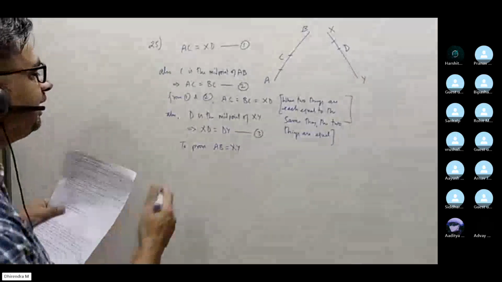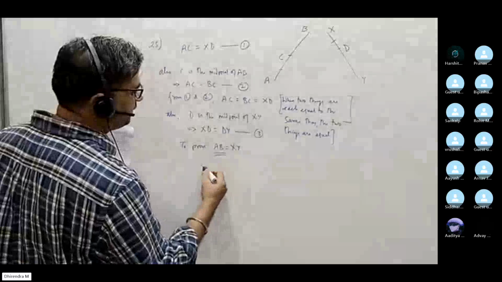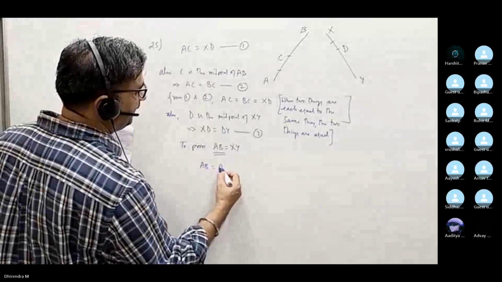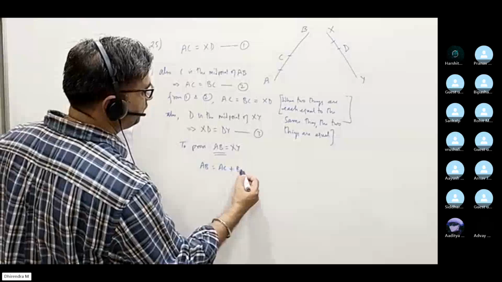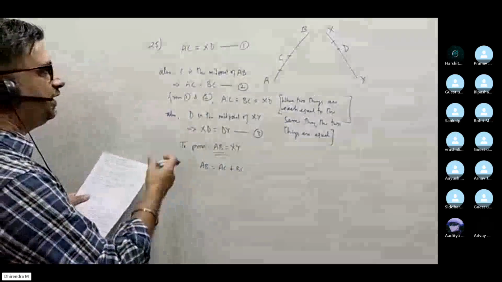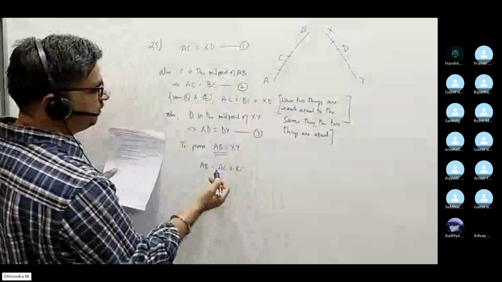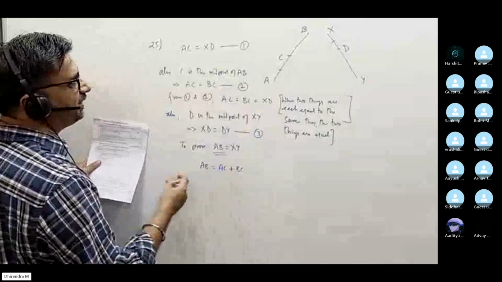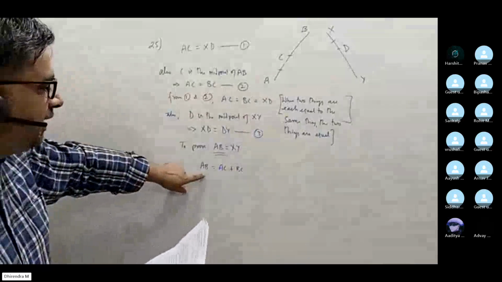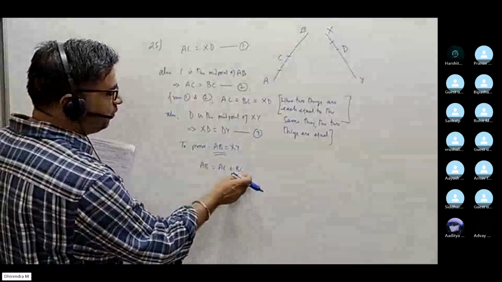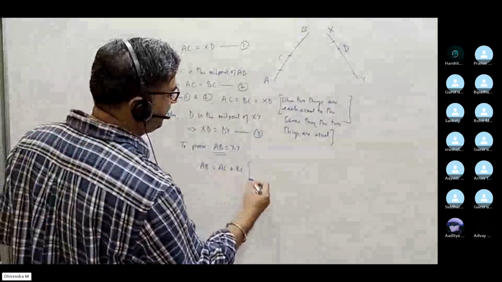So now look, AB is equal to how much? AB is equal to AC plus BC. Can somebody tell me why this is equal? Because AC and BC are equal, and that's the midpoint.